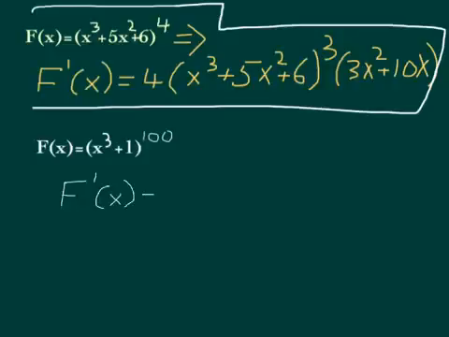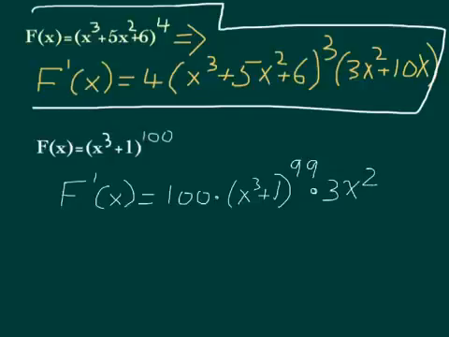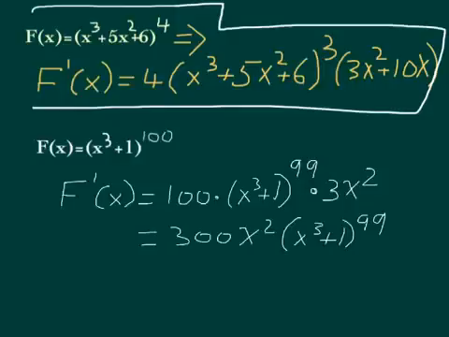So my derivative is 100 multiplied by (x cubed plus 1) to the power of 99, multiplied by 3x squared. Simplify that a little bit, that will be 300x squared times (x cubed plus 1) to the power of 99. Okay, not too difficult.